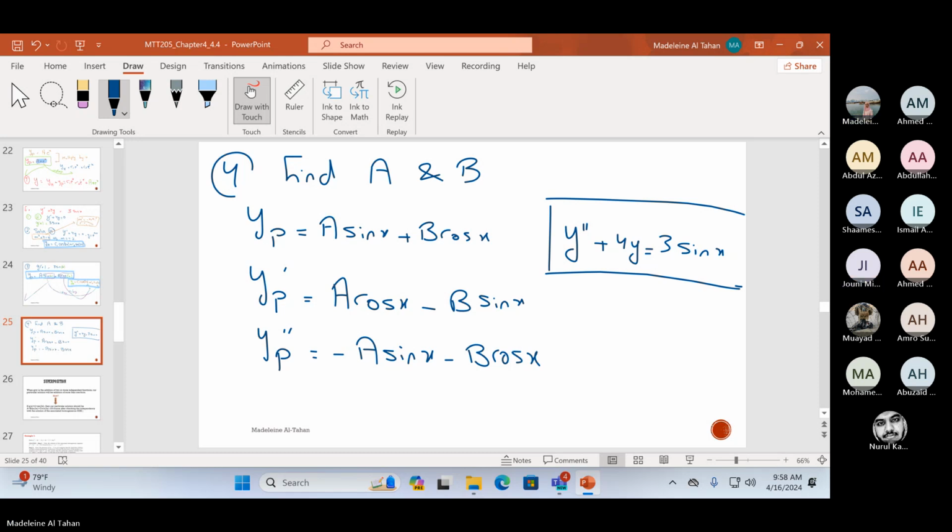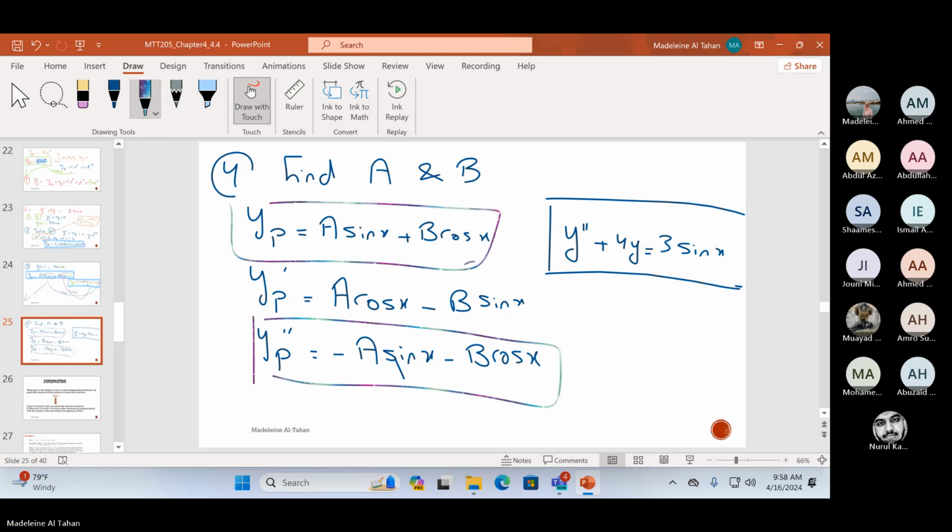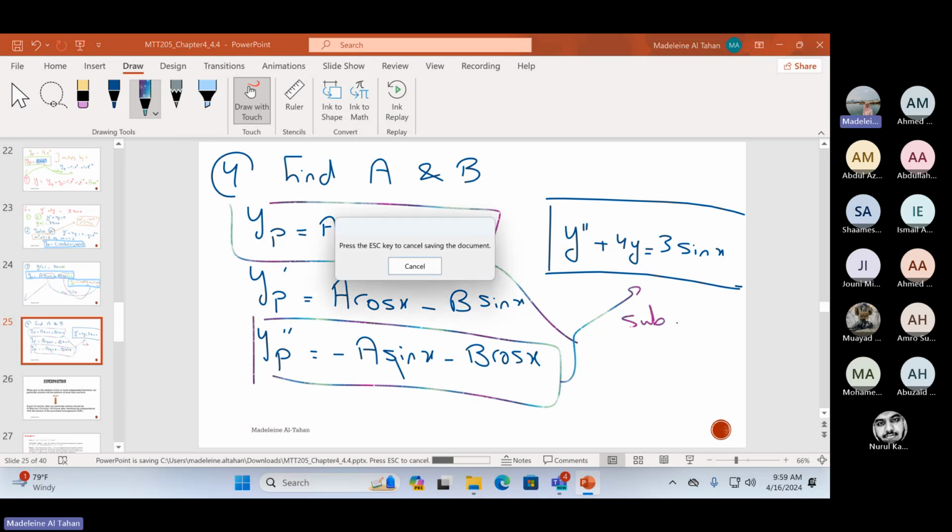Okay. Now, please, miss, substitute them in the differential equation and find A and B. Let's take 2 minutes for substituting and finding A and B. Write it down, substitute, and find A and B.